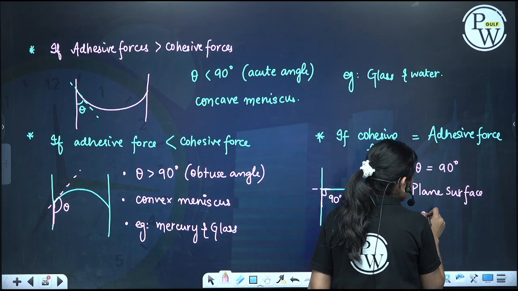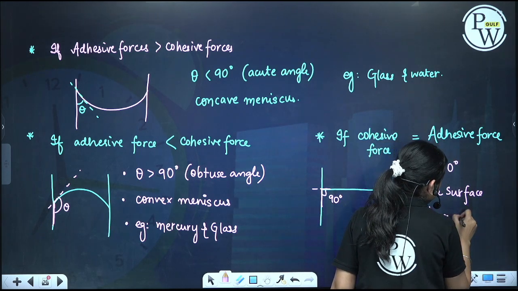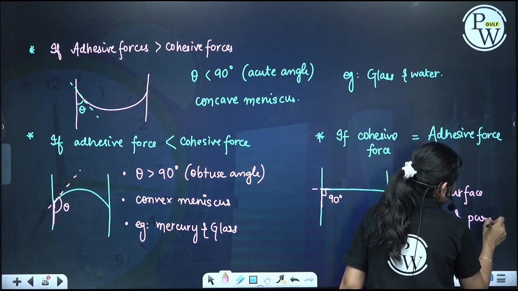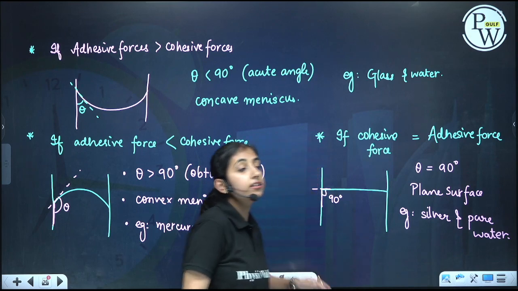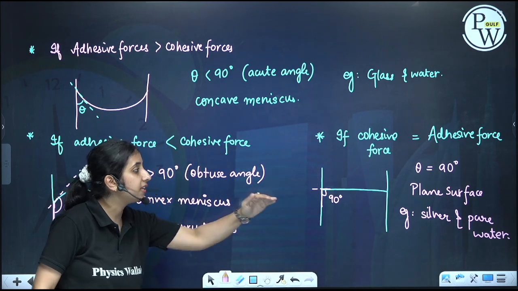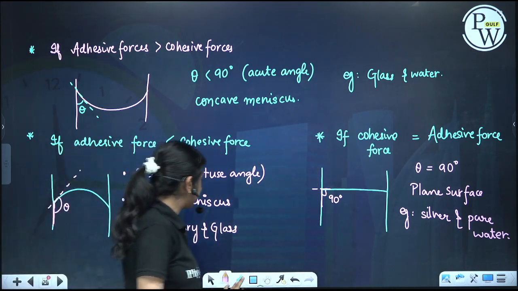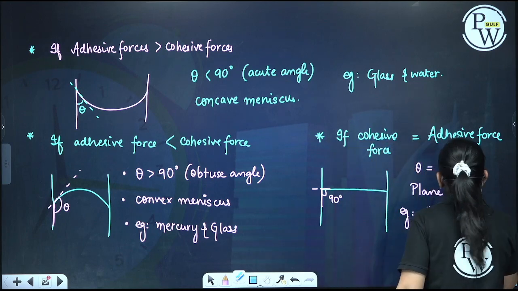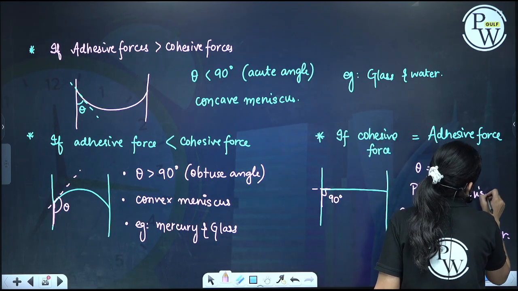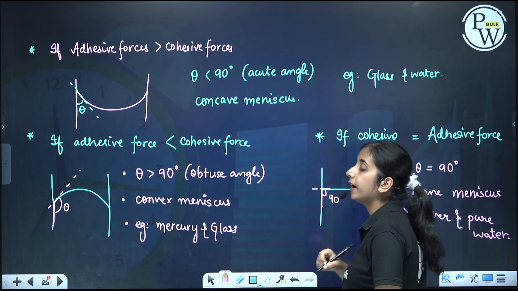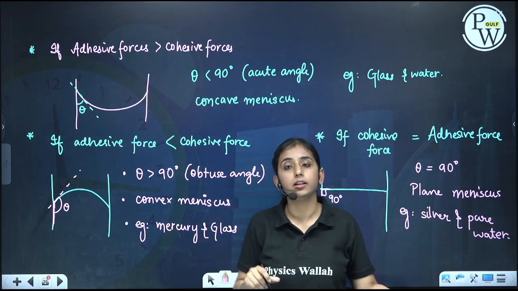Example is a silver container and pure water, where the meniscus is a plane surface. We will have a plane meniscus and the angle of contact is 90 degrees.